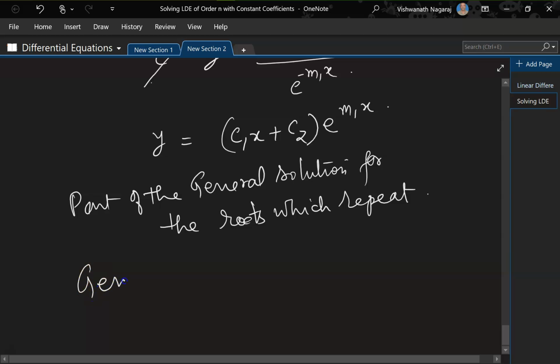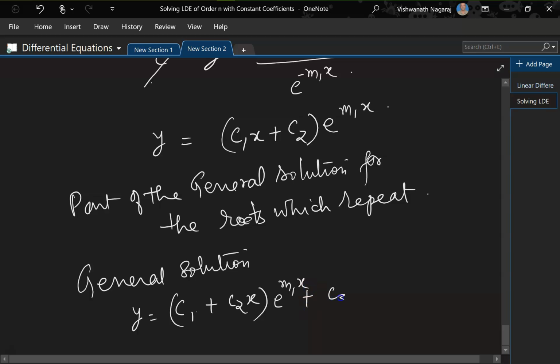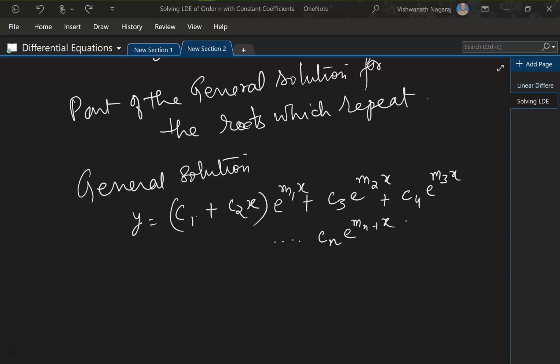So the complete general solution would be y is equal to, let's reverse this numbering of the constants, so let me put this as c1 plus c2 x times e to the power of m1x plus c3 e to the power of m2x plus c4 e to the power of m3x, and so on till we have cn e to the power of m(n minus 1)x.